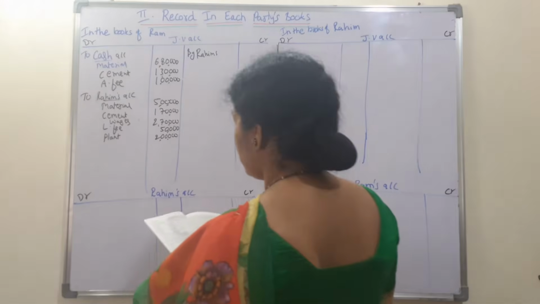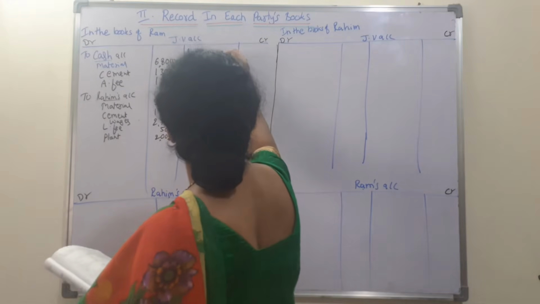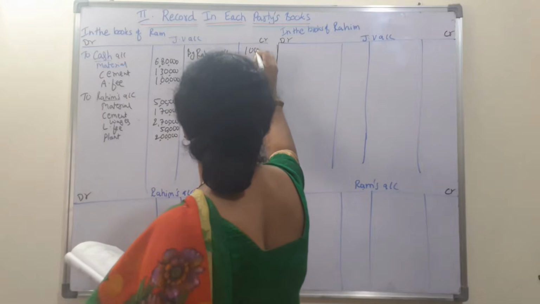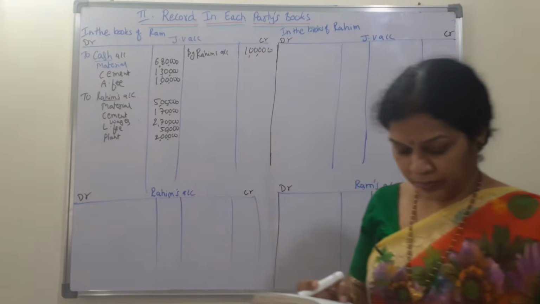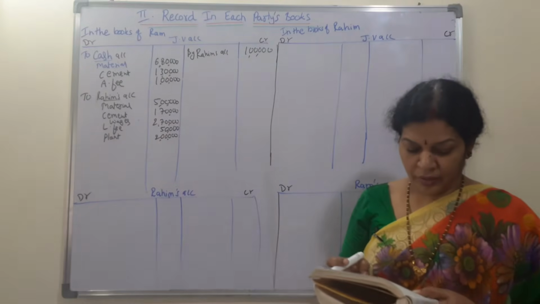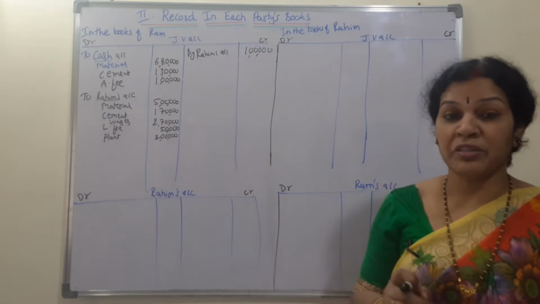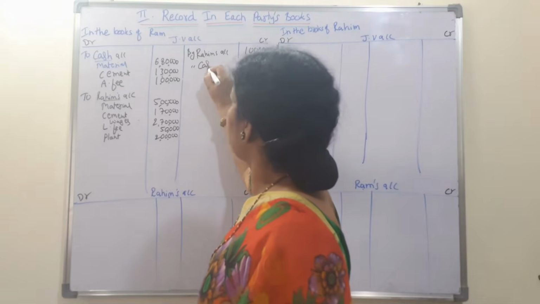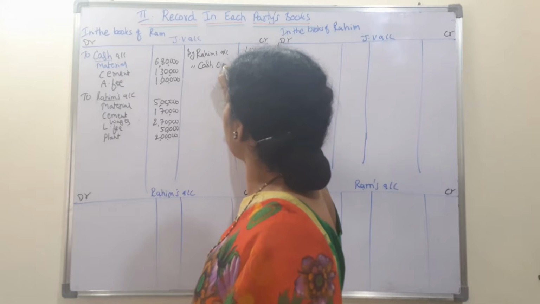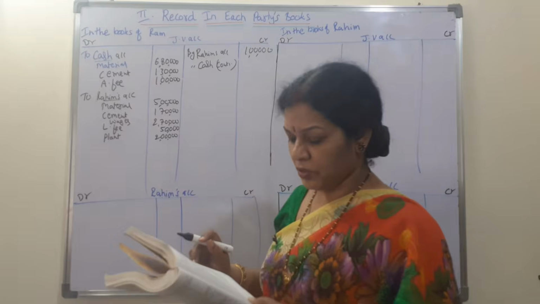So here Raheem's account will say plant taken by Raheem, Raheem's account 1 lakh. And the contract amount 24 lakh was received by Ram. Ram received this contract amount, meaning we'll say cash. This is the contract amount. It is nothing but sales, it is 24 lakh.